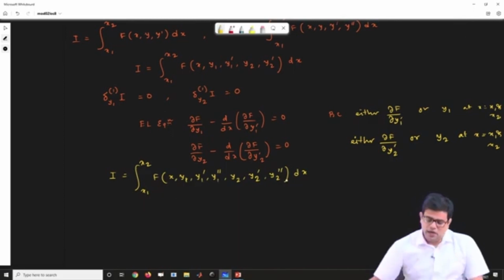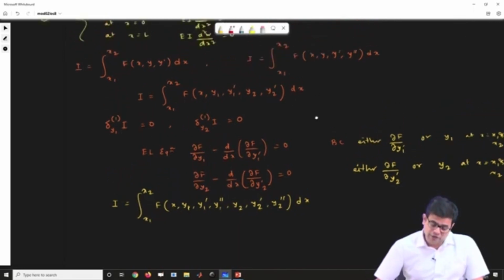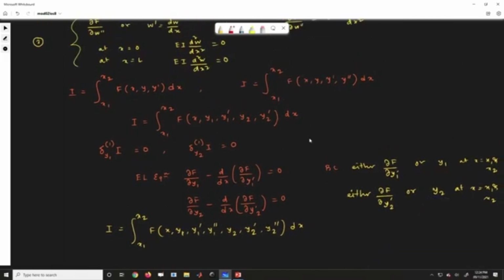So, this is the end of lecture 8. In this lecture, we have mainly studied three things. First, we have studied how to find the Euler-Lagrange equation of functionals involving higher order derivatives. We have also worked out one example which is very common for structural engineers or mechanical engineers, a beam.